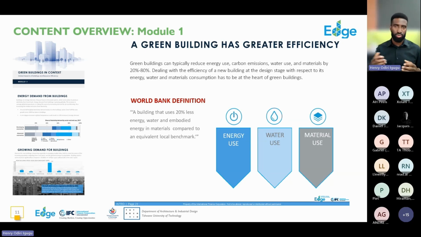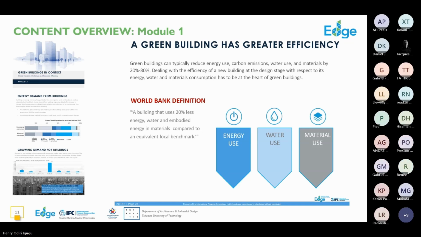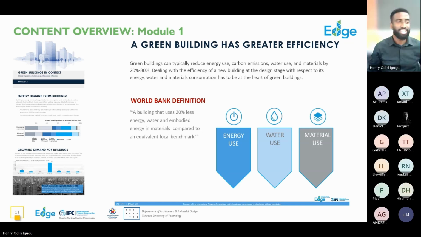Now, there are several definitions for what a green building would be, but the World Bank is very specific as to how it defines and implements green buildings. So the World Bank definition for a green building is a building that uses 20% less energy, water, and embodied energy in materials compared to an equivalent local benchmark.